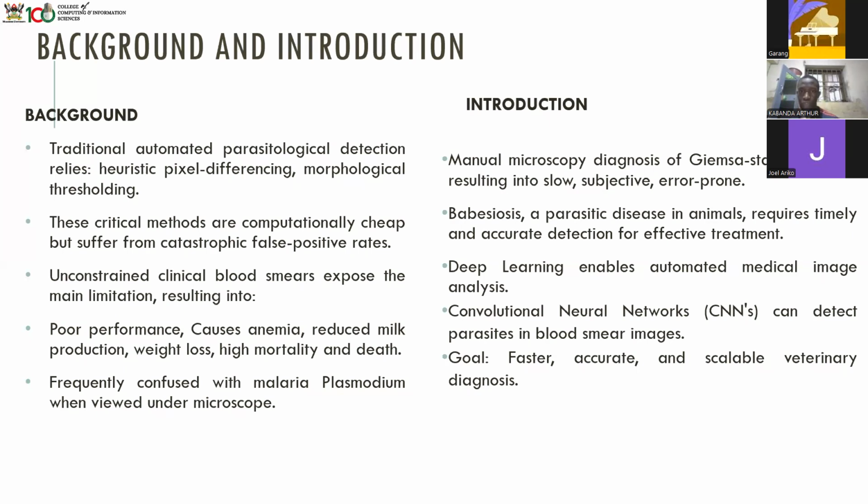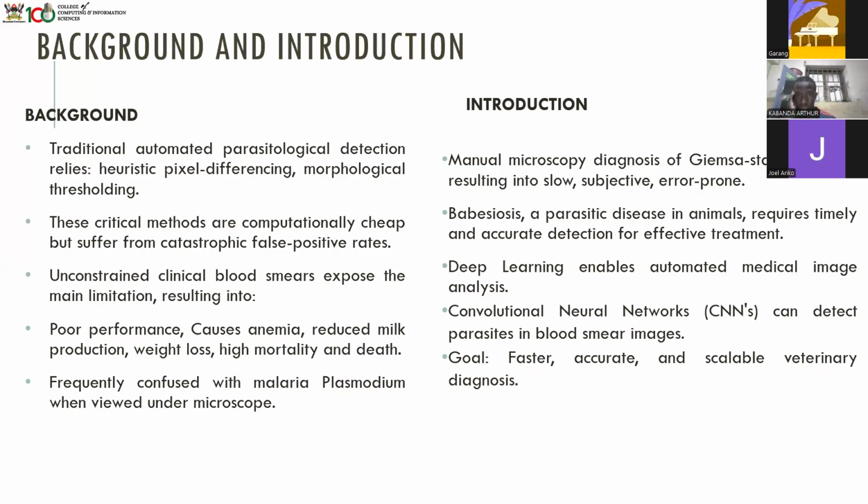In our introduction, we shall talk about the manual microscopy diagnosis of Giemsa-stained blood smear images. These are the images that we're going to look at, which was resulting in a slow and error-prone process. Babesiosis is a parasitic disease in animals that requires timely and accurate detection for effective treatment.